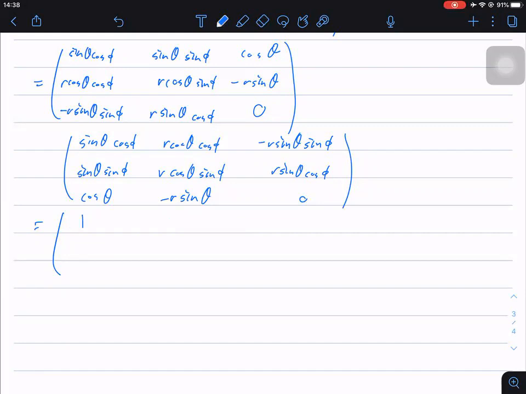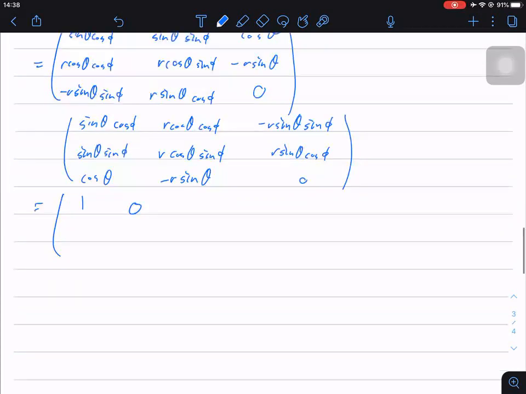I believe you all can do matrix multiplication. And for the second one, it should be a 0 here, 0 here, R square. Does anyone want me to write down the detailed steps for matrix multiplication? Anyone? Okay, no need, thanks.